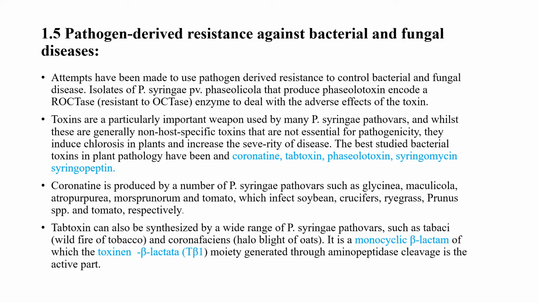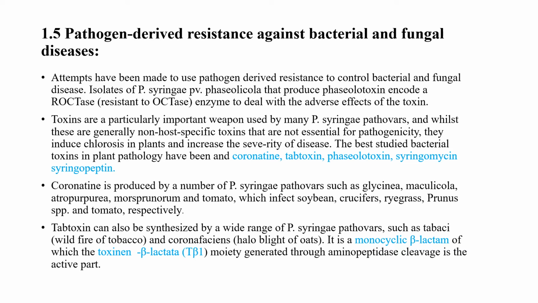The best studied bacterial toxins of pathogenesis are tabtoxin, phaseolotoxin, syringomycin, and coronatine, which are produced by a number of Pseudomonas syringae pathovars, such as glycinea and tomato, which affect soybeans and tomato species respectively.